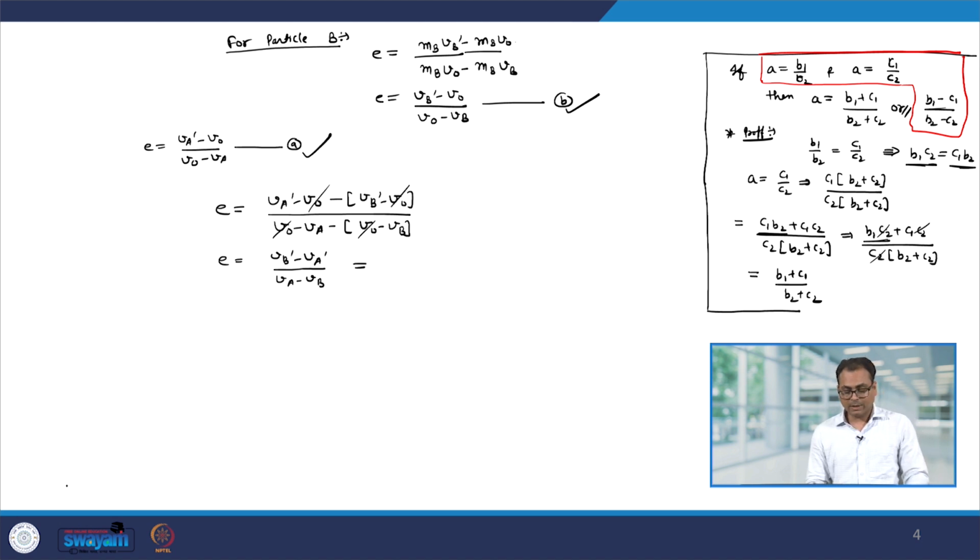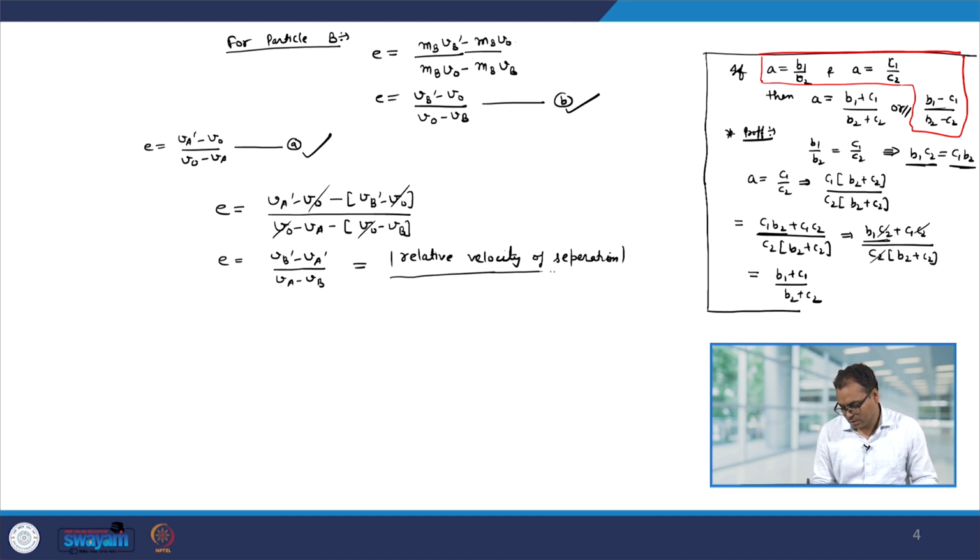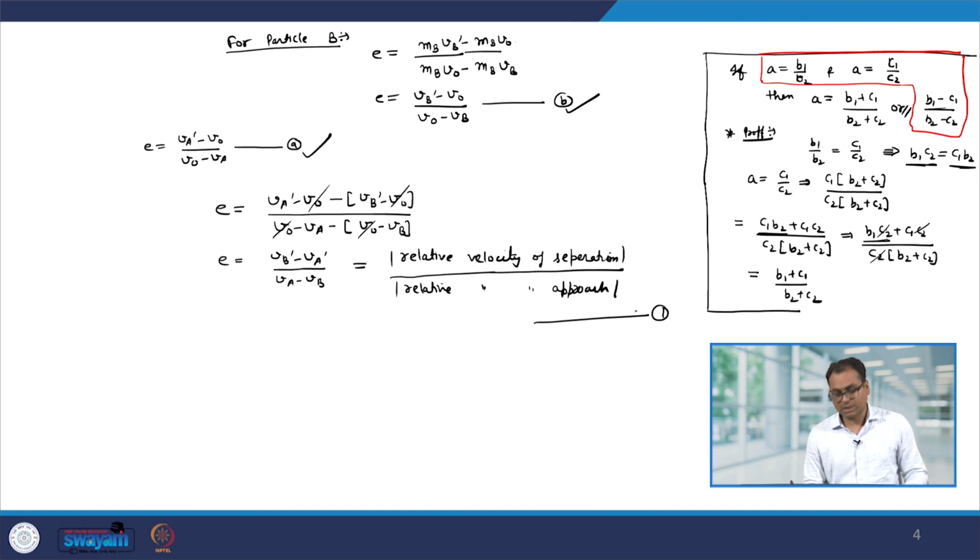Okay. And note that what was V_B' and V_A'? Well, the difference gives you the relative velocity of separation. So, this is the relative velocity of separation, and in the bottom you have the relative velocity of approach. So, this is the velocity with which the particles are coming to each other, and V_B' minus V_A' is the velocity of separation. Let us call it equation number 1.